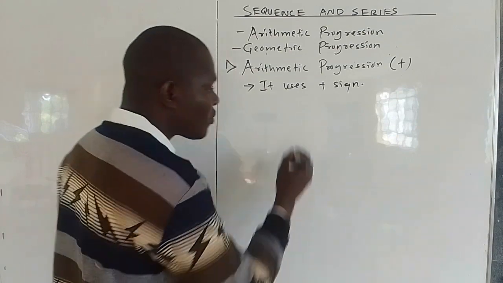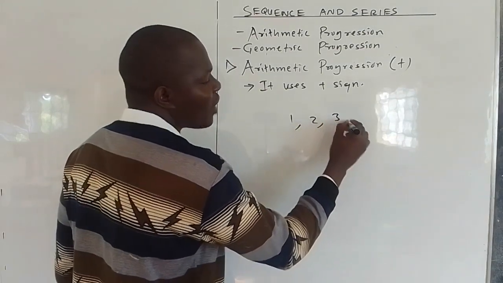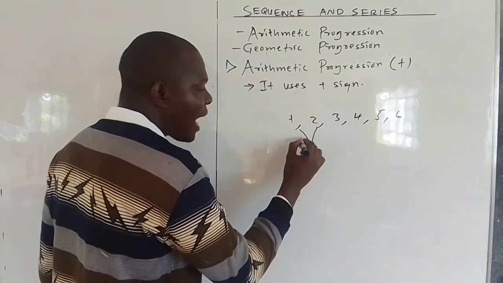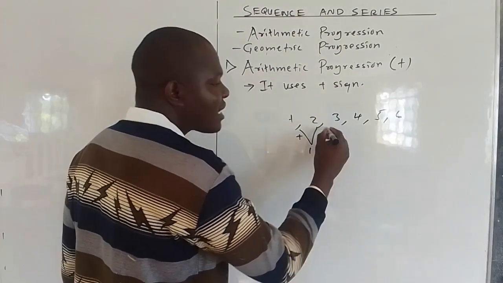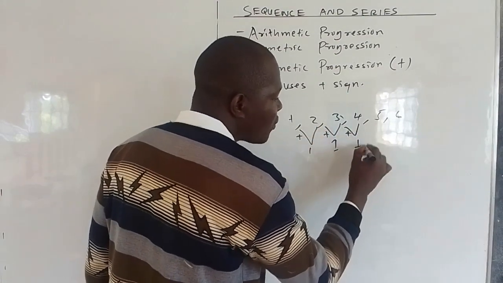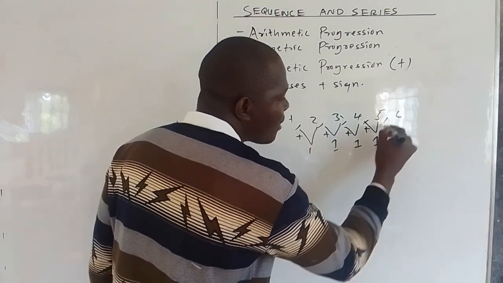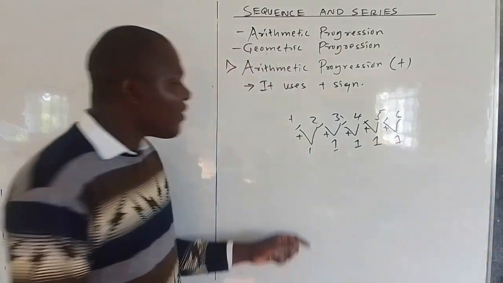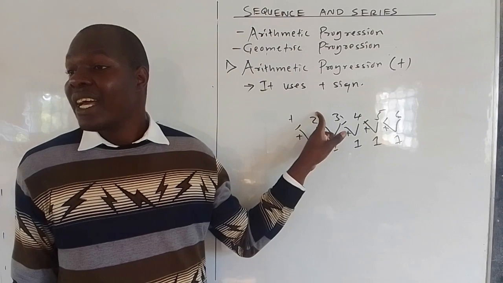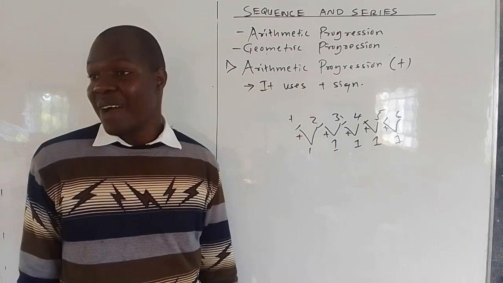When you have this sequence following this particular order, 1, 2, 3, 4, 5, 6, 7, you can see you add 1 to get the next term. You add your 1, you get the next term, meaning that there's a common number you are adding to get the next term, isn't it?